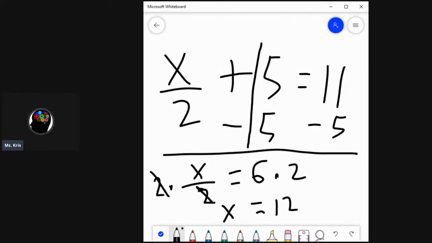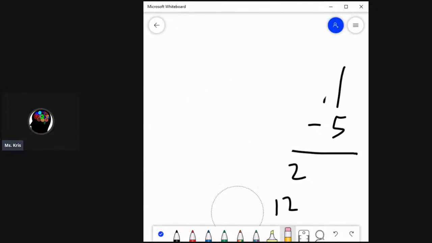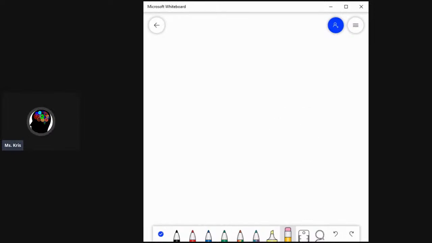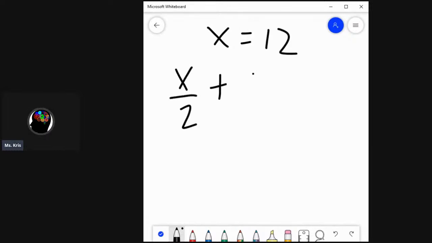Now, once I solve for x, I then can turn around and put it back into the equation to check my answer. So we know that x equals 12, and the original equation was x over 2 plus 5 equals 11. So I can change x into 12 in the equation.